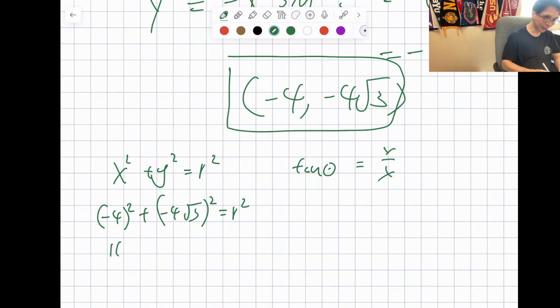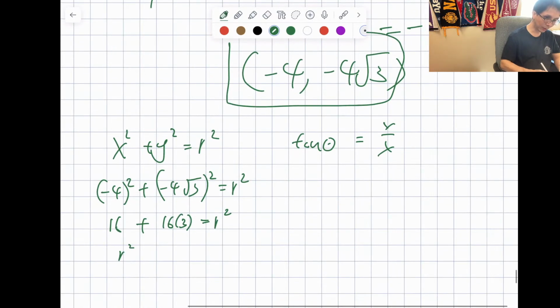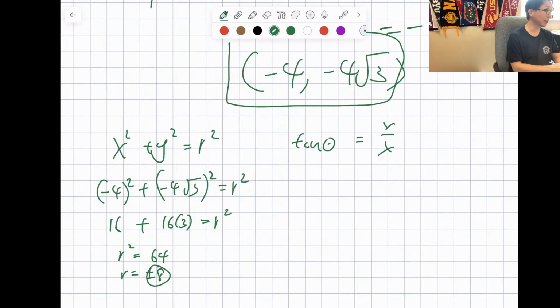That's 16 plus 16 times 3 equal to r squared. r squared is equal to 64. r is equal to plus or minus 8. Now, why plus or minus 8? Because sometimes r is negative 8 and represents the same exact data. But we decide that later.